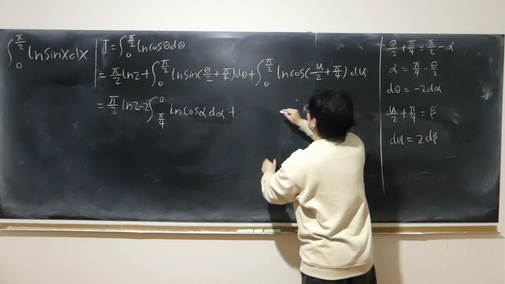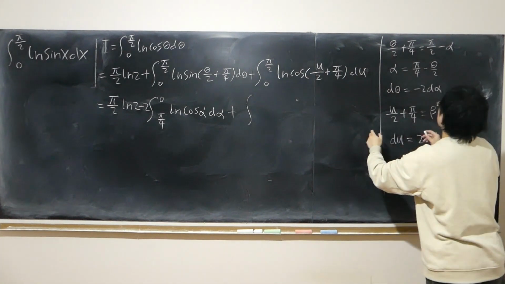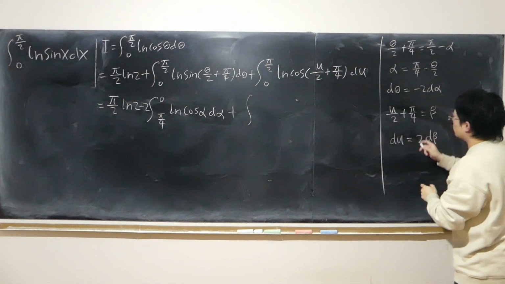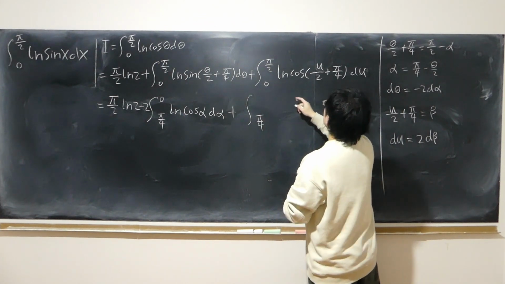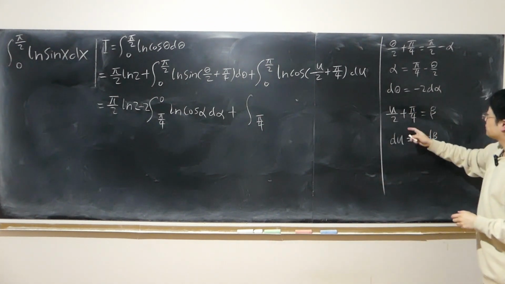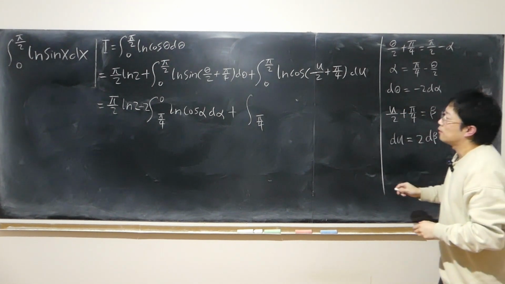So for this new boundary, when u is equal to 0, beta is equal to pi over 4 as well. When u is equal to half pi, pi over 4 plus pi over 4, that is half pi.